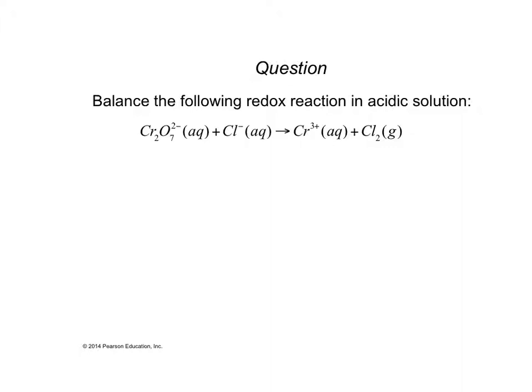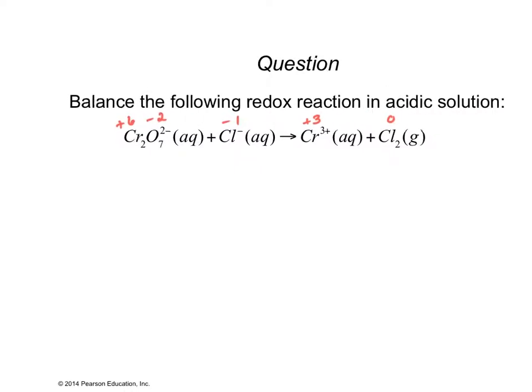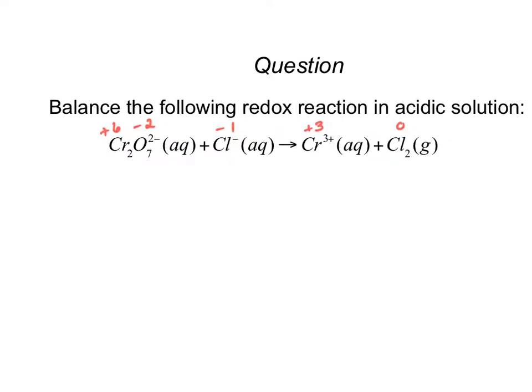So for this, we have a +6 for chromium, a -2 for oxygen, a -1 for chlorine, +3, and a 0. And the big important thing to note here is that sometimes when you balance electrons originally, you'll also balance the mass of things. So just think about that as you go through this.